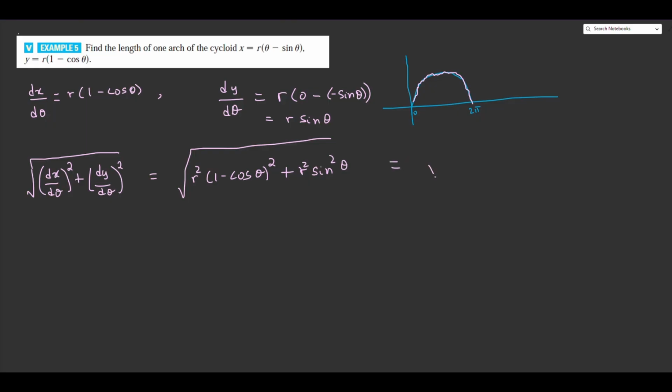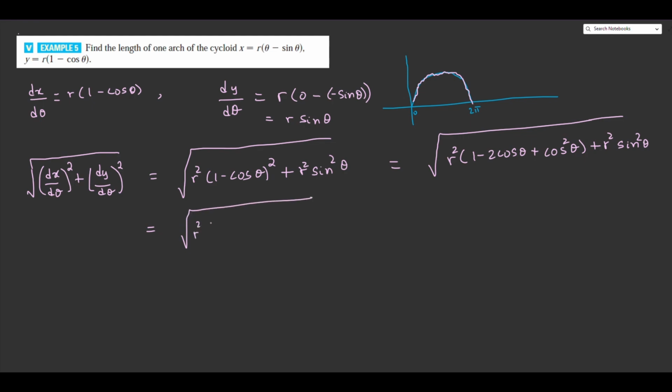If you simplify this, you can take r square outside as a common factor, and it will become r square times (1 minus 2 cosine of theta plus cosine square theta plus sine square theta).